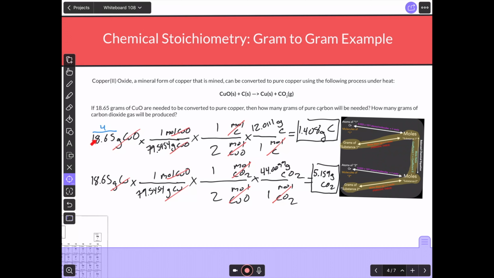And so you've gone straight from the grams of this right to the grams of this, and now you can just do your reaction right away with one simple equation, one simple process. And then with another simple process, predict exactly how many grams of carbon dioxide you've made. So gram-to-gram problems are more likely for the ones that you're going to be using if you're working in a lab.